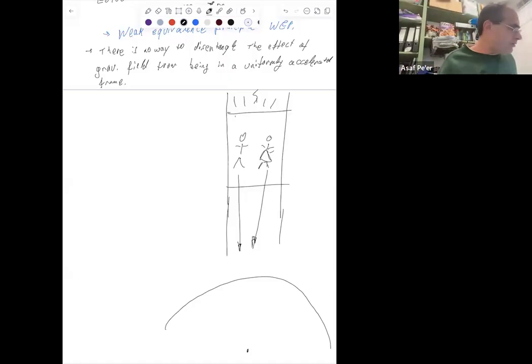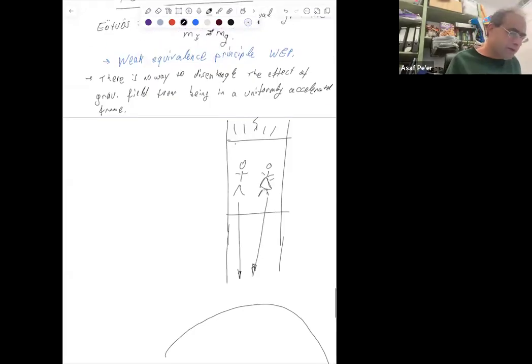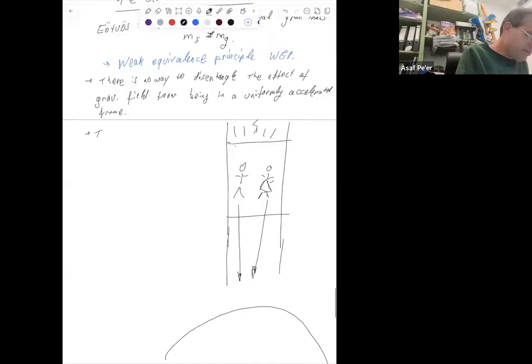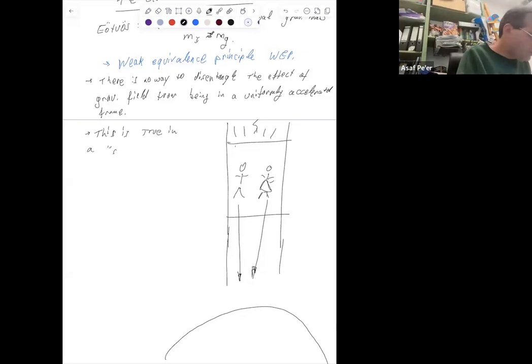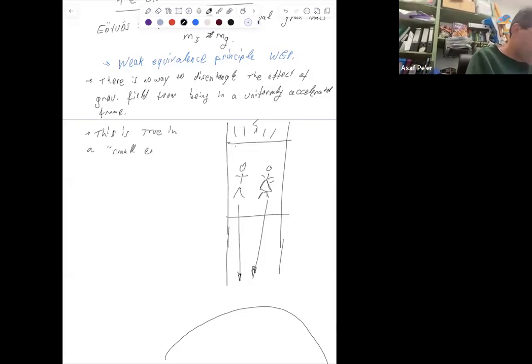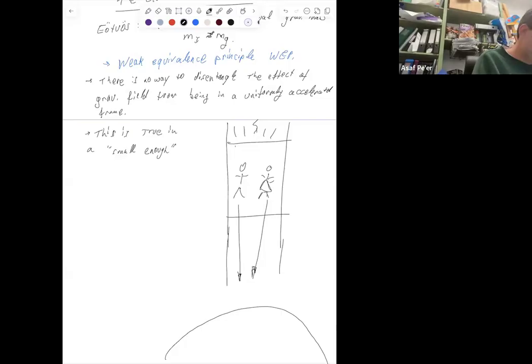So you're right, we have to limit the discussion to a small enough region in space. This is true in a small enough region in space-time.